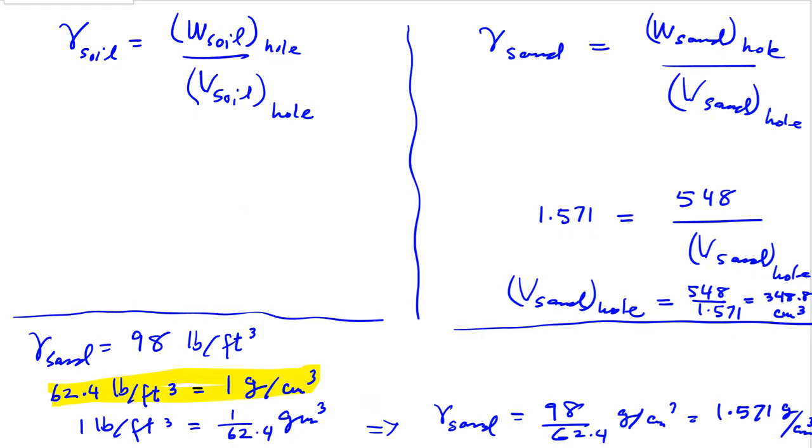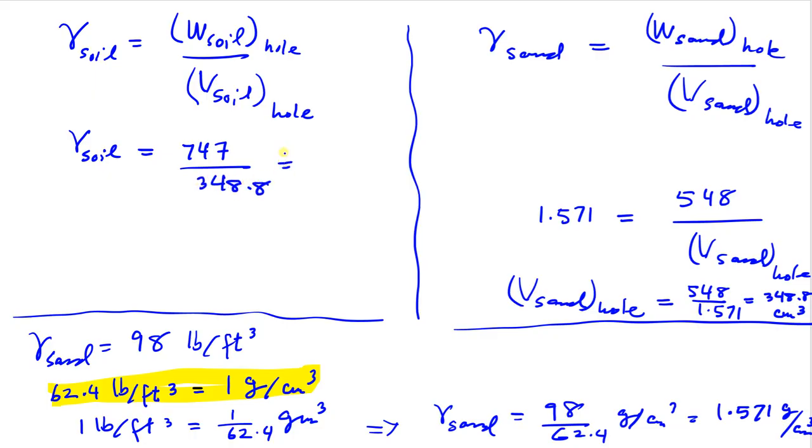From there we can now put it back into the formula. The unit weight of soil should be equal to the weight of soil from the hole, which we already know was 747, divided by the volume of hole, 348.8.